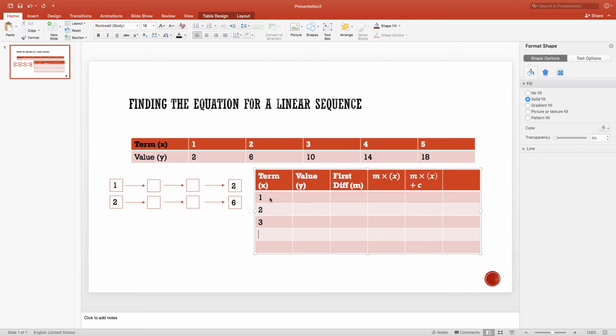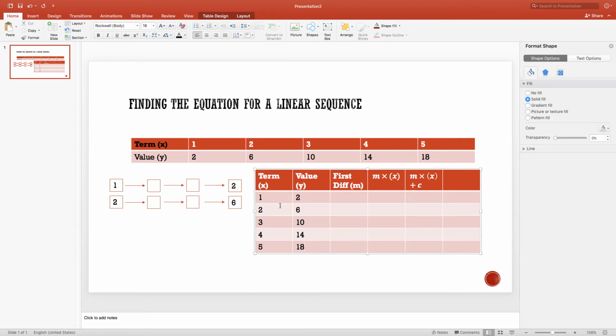We're going to put the term values in for x, and we're going to put the value in for y. And we're going to ask ourselves, what do we have to do to 1 to get to 2?